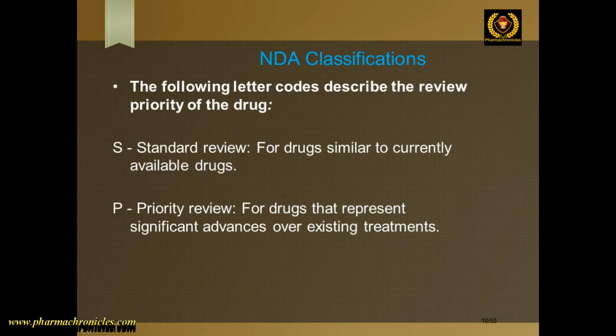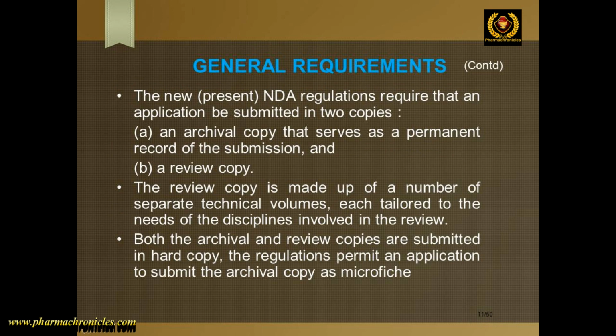The following letter codes describe the review priority of the drug. S. Standard review, for drugs similar to currently available drugs. P. Priority review, for drugs that represent significant advances over existing treatments. General requirements.